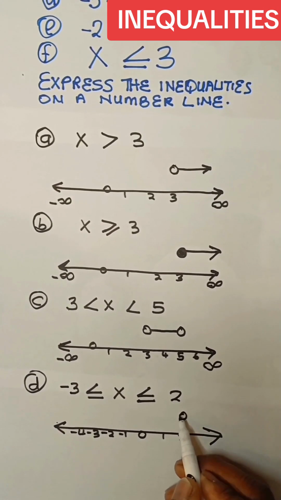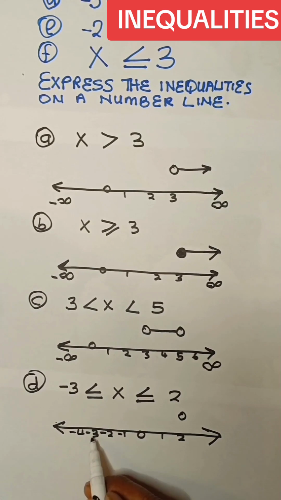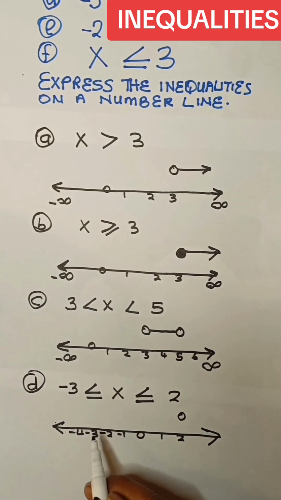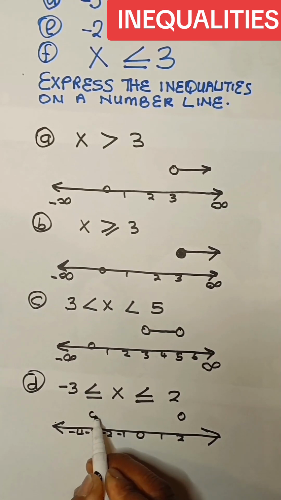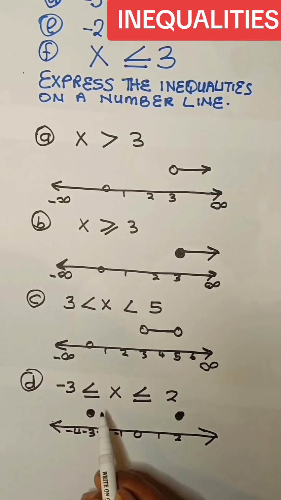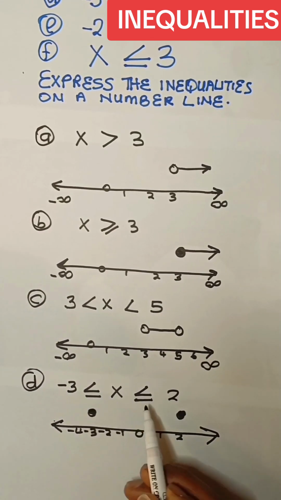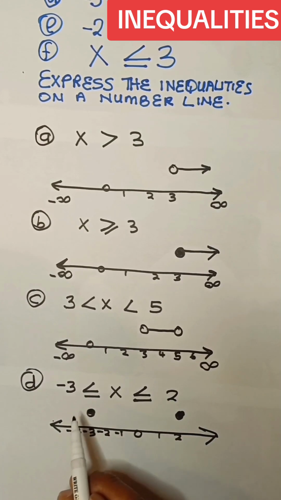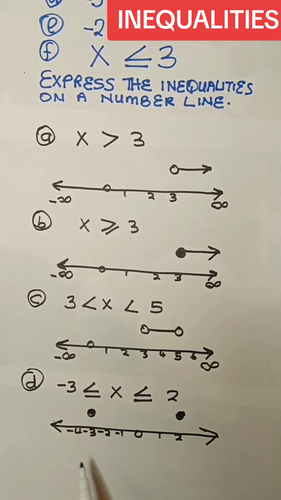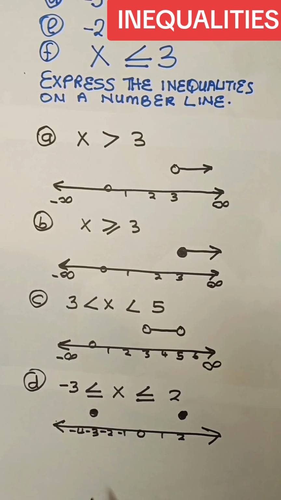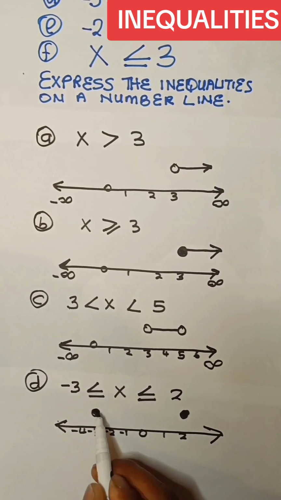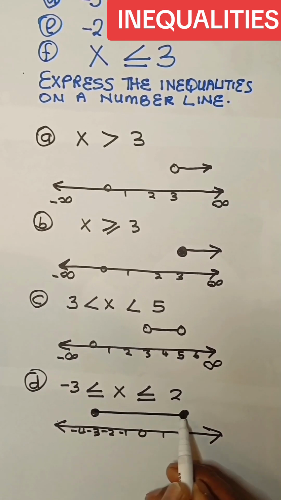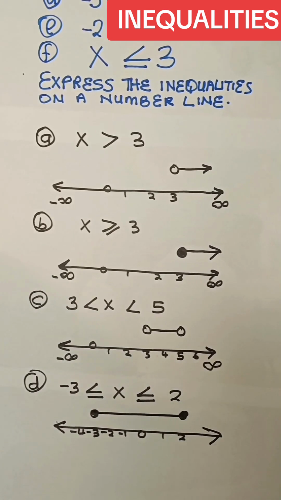We draw a circle on it, and this is our negative 3. We draw a circle on the negative 3. In both cases, 2 is inclusive of the value of x, and minus 3 is also inclusive of the value of x. So what we're going to do now is to connect the two circles. So this is the number line representation of the inequality.